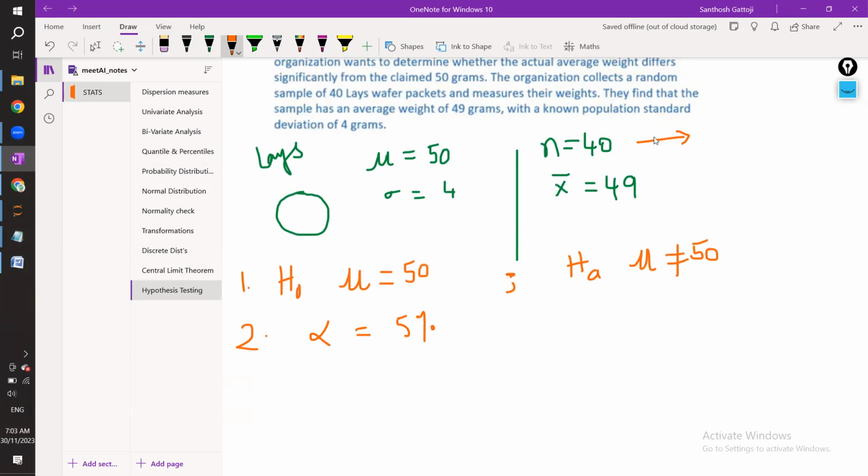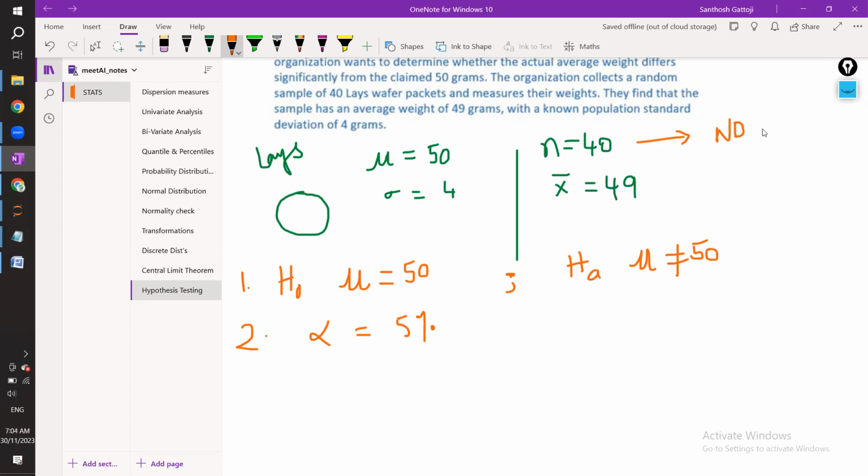Normal, correct, Megana. This can be assumed as a normal distribution, because if the samples are more than 30, you can assume a normal distribution, and now it is 40.